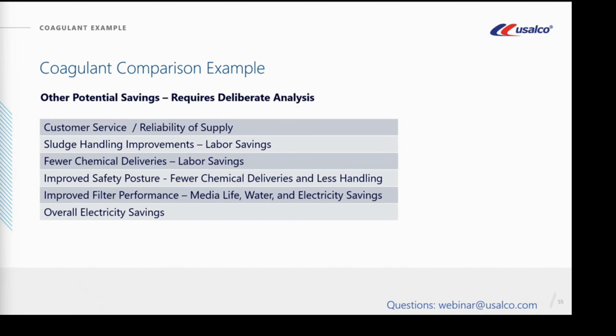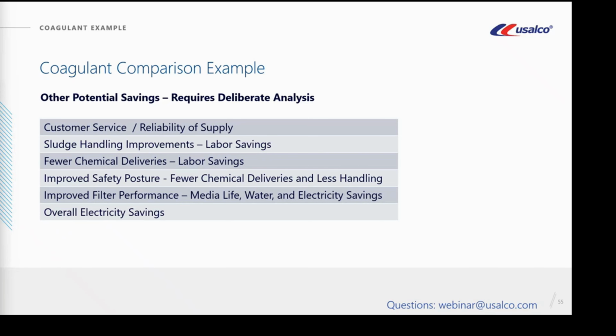So in summary, when comparing coagulants, it's not only the economic variables that should be considered: customer service, reliability of supply, sludge handling characteristics, which often help improve labor and chemical costs, labor savings due to fewer chemical deliveries and equipment maintenance, improved safety posture due to fewer deliveries and subsequently less handling and maintenance of chemical equipment, less wear and tear on the filter media and equipment, as well as water savings and overall electricity savings.